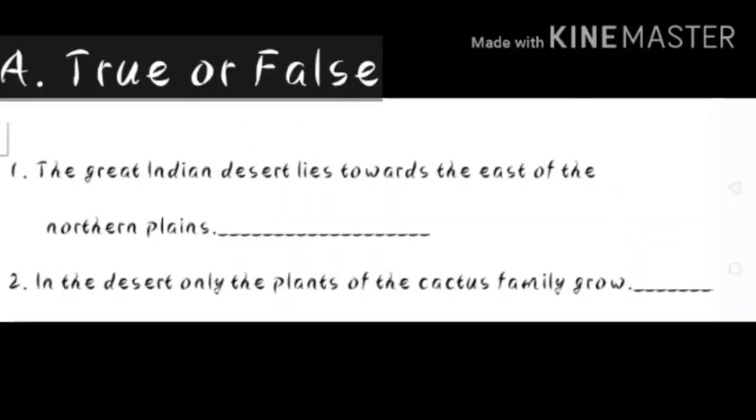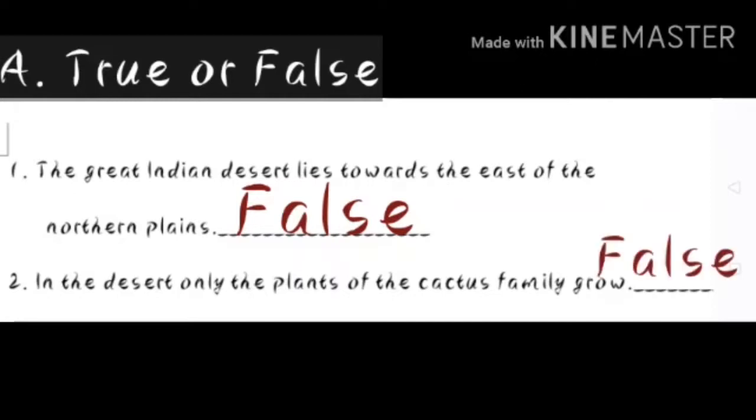I repeat again. Question number 1. The Great Indian Desert lies towards the east of the northern plains. The answer is false. Second one. In the desert, only the plants of the cactus family grow. The answer is false.